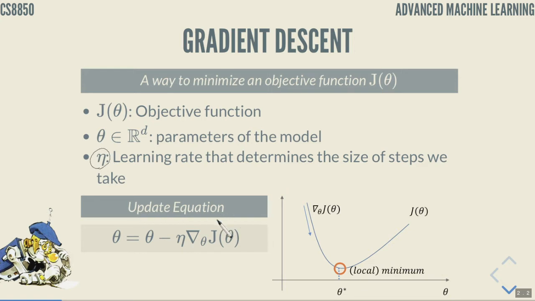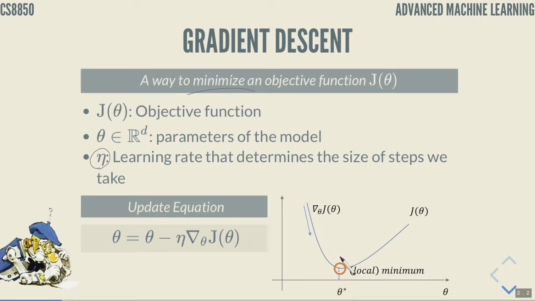And then our update equation is just, without loss of generality, assume that we're minimizing. Our new value of the parameters is just the old value minus the learning rate times the gradient of the objective function.